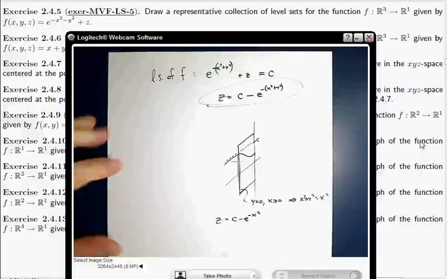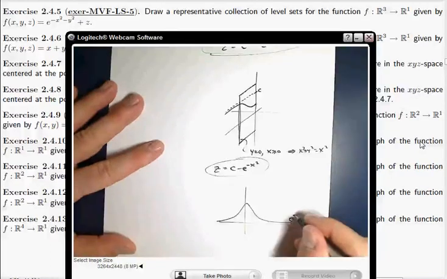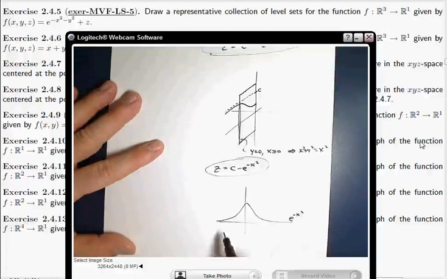You might have to, in order to see what this thing looks like, you might want to draw a series of things. So here's what e to the negative x squared looks like. Oh, I'm sorry, yeah, thank you. So e to the negative x squared looks like that. So negative e to the negative x squared looks like this.